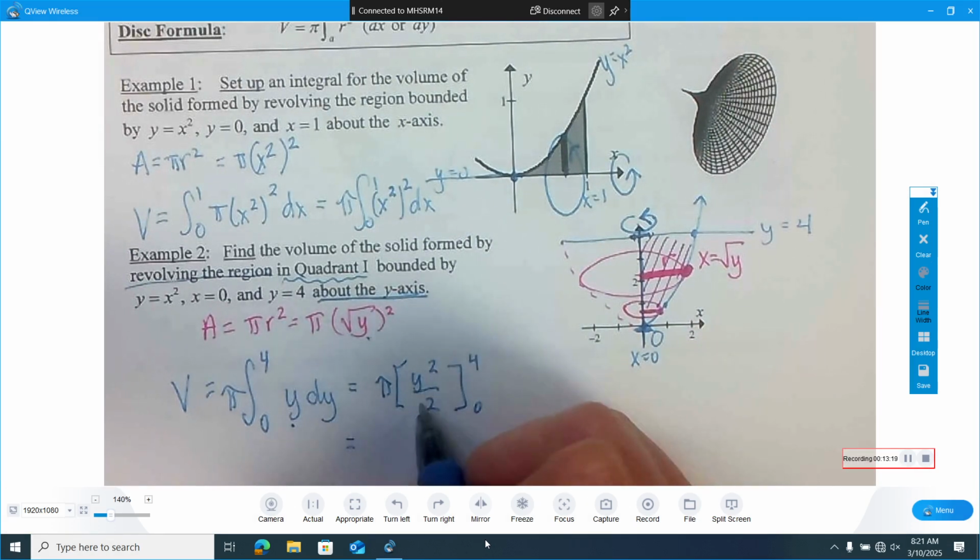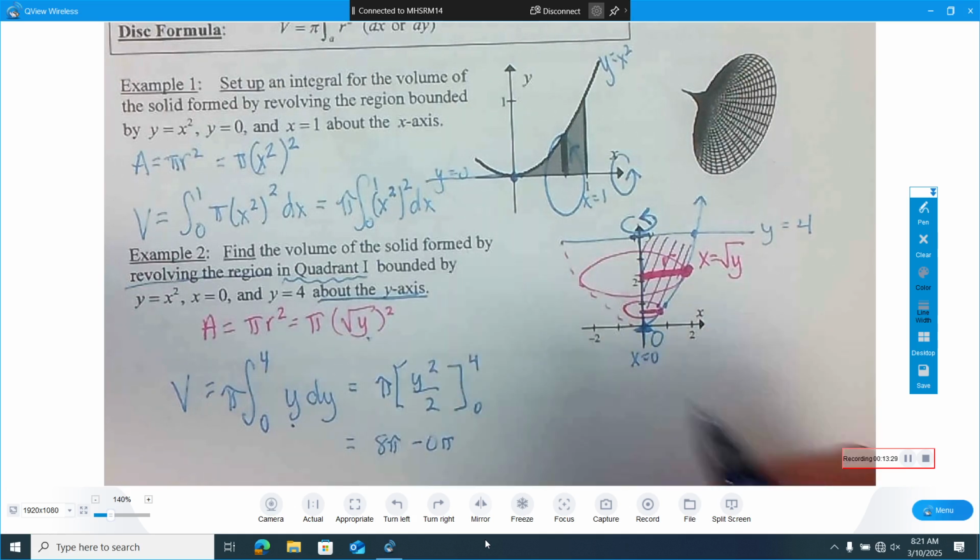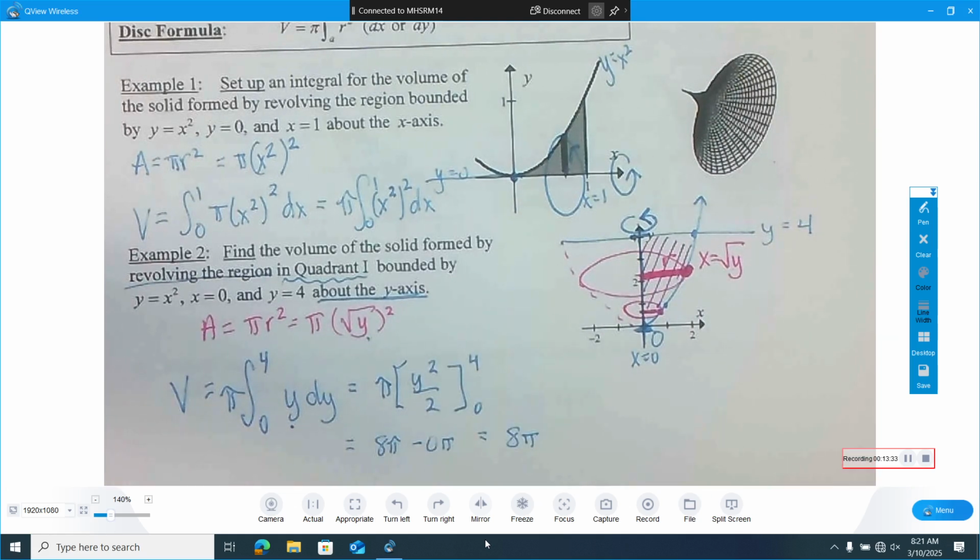So we have 4 squared is 16, over 2 is 8, so it's 8 pi. And then plugging in a 0, we'd have 0 pi, which is just 0. So we get 8 pi for the volume.